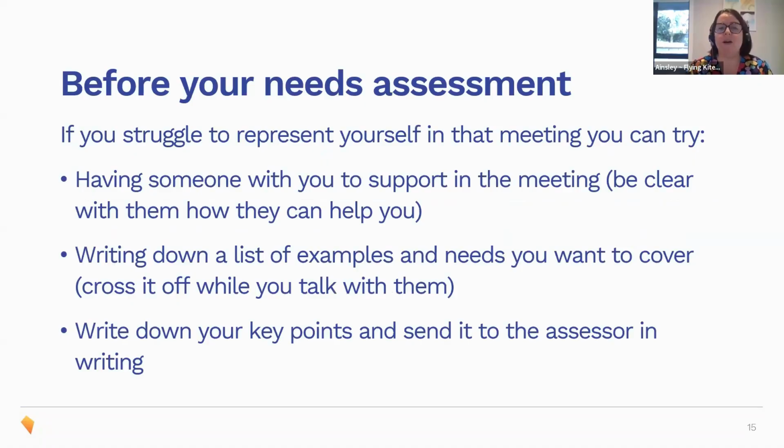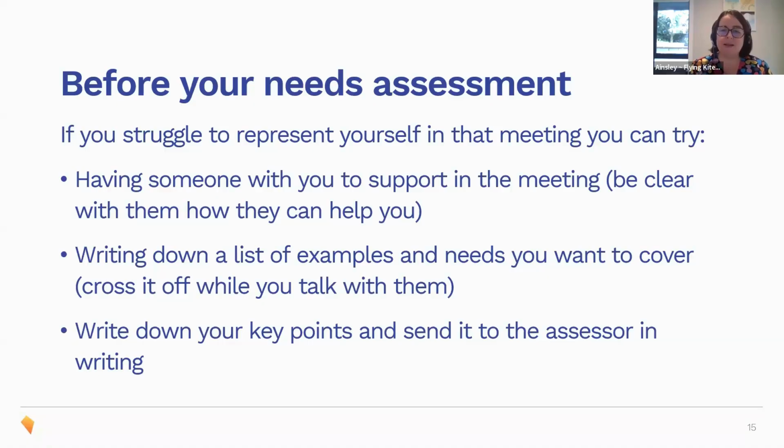If you are the kind of person who struggles to represent yourself in those conversations, who struggles to talk about those details, or to have your say or correct people if they're not right, then one thing you can do is have someone with you in that support meeting. I really encourage you to do that, even if you are a wonderfully confident person.